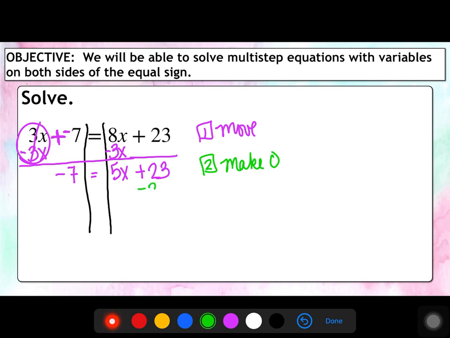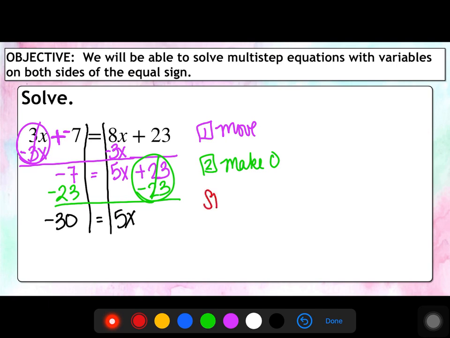So I have negative 23, or positive 23, sorry. Means I need negative 23 on both sides. Negative 23s cancel out. And I have negative 7 and negative 23. When I put those together, I get negative 30. That equals, and then I'm going to bring down the 5x.